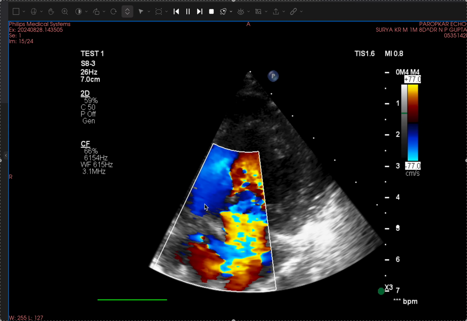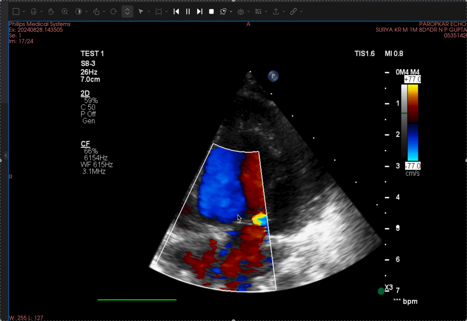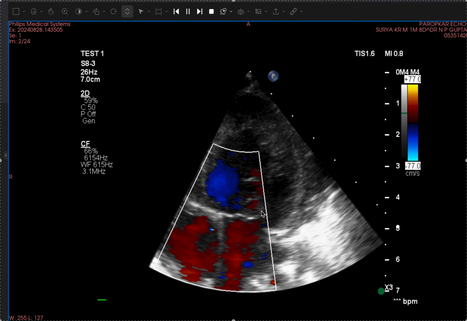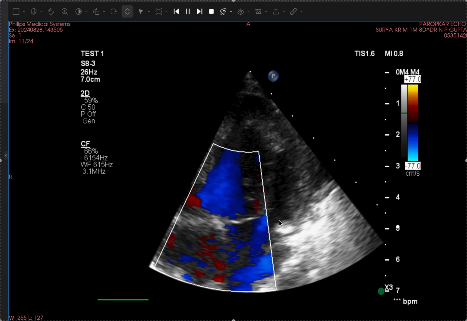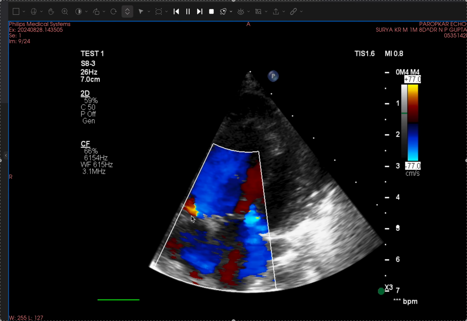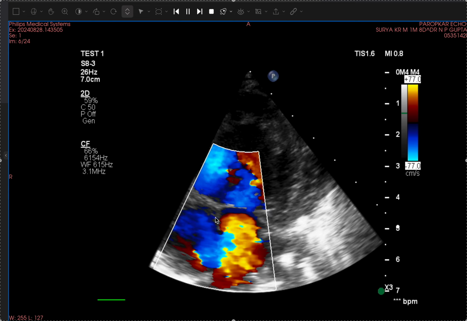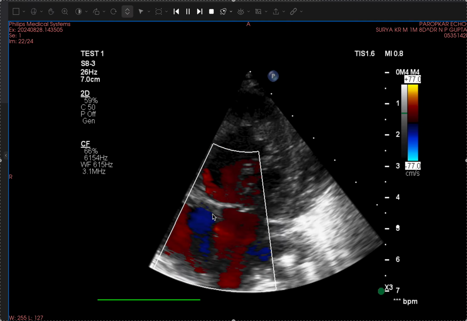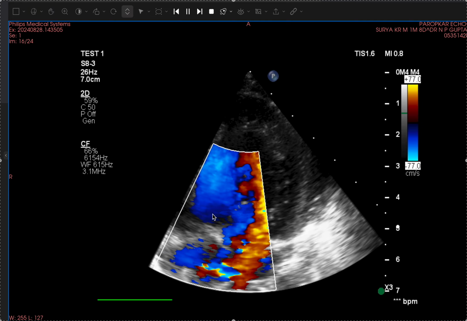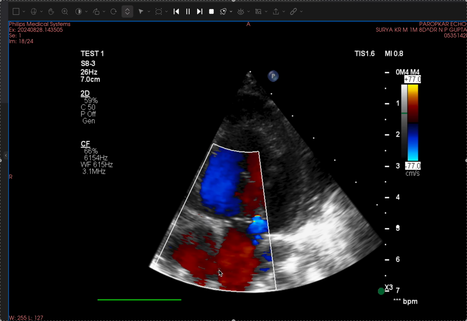So that is called partial AV septal defect, because with inlet VSD you will find both the left side portion of atrioventricular valve and right side portion, that is tricuspid portion and mitral, both are coming from the same level. That is the point to know. So that is the characteristic of AV septal defect. So this case has got inlet VSD also.